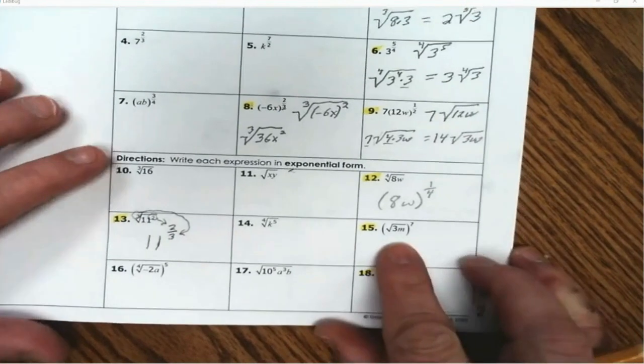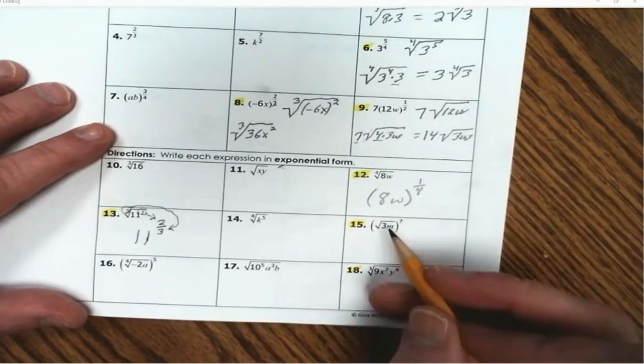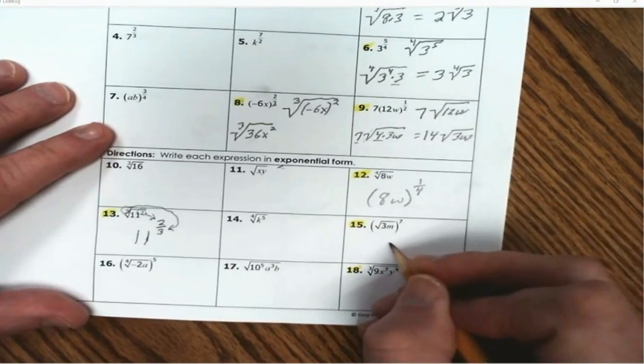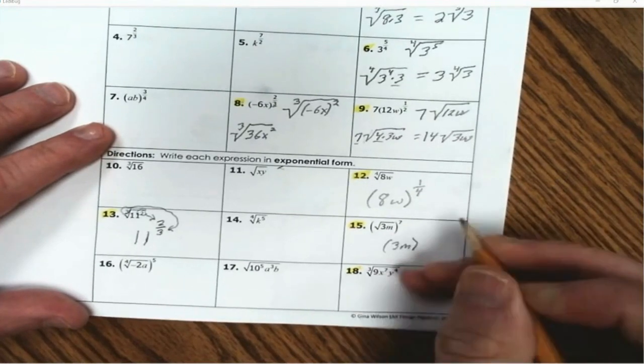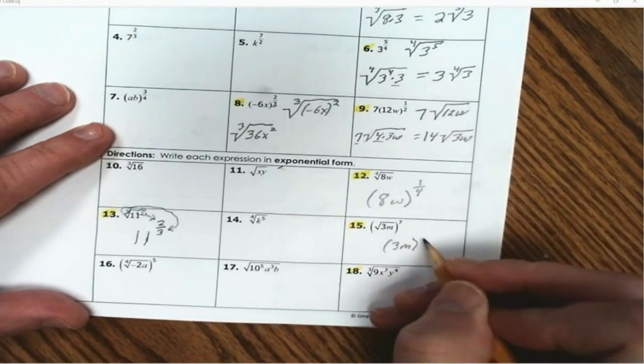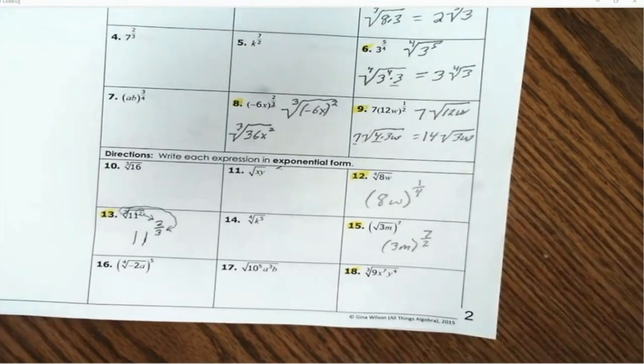How about this one over here? We have all of this being raised to the 7th power. So inside we have 3m, and it's to the 1/2 power, but all of it's being raised to the 7th power. So that's 3m to the 7/2 power.